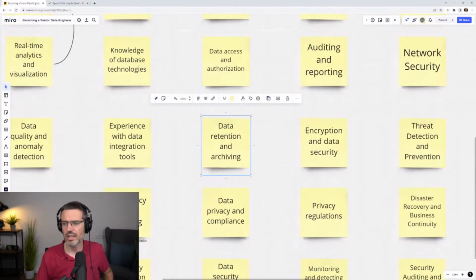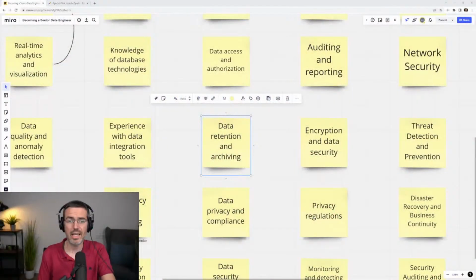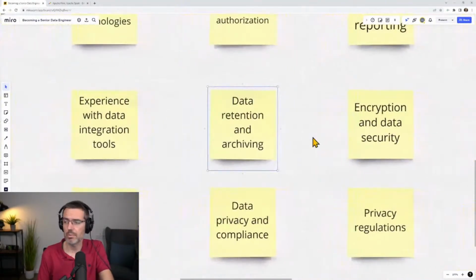Data retention and archiving is something interesting because you most likely are not going to keep all the data, or it doesn't make sense to keep all the data. It might also be very cost intense. So what data do you need to keep? What do you need to throw away? Are you going to keep all the data in your live store, or are you going to archive this somewhere? Super difficult, super important question that a senior data engineer should be able to answer.